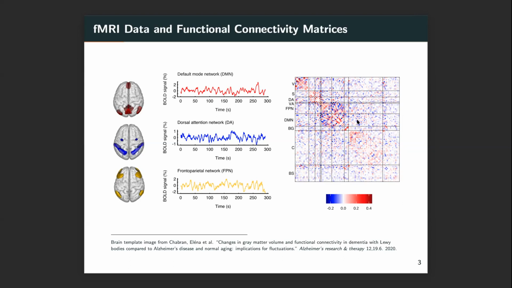For example, this row is the default mode network, the first classification we discussed. The regions in this block diagonal are all the nodes in the default mode network. You can see that the block diagonals are greater in magnitude, which gives a sense of how these networks are classified. You can also see strong negative correlations between the default mode network and the frontoparietal network, which is what we expect based on what we know about them.